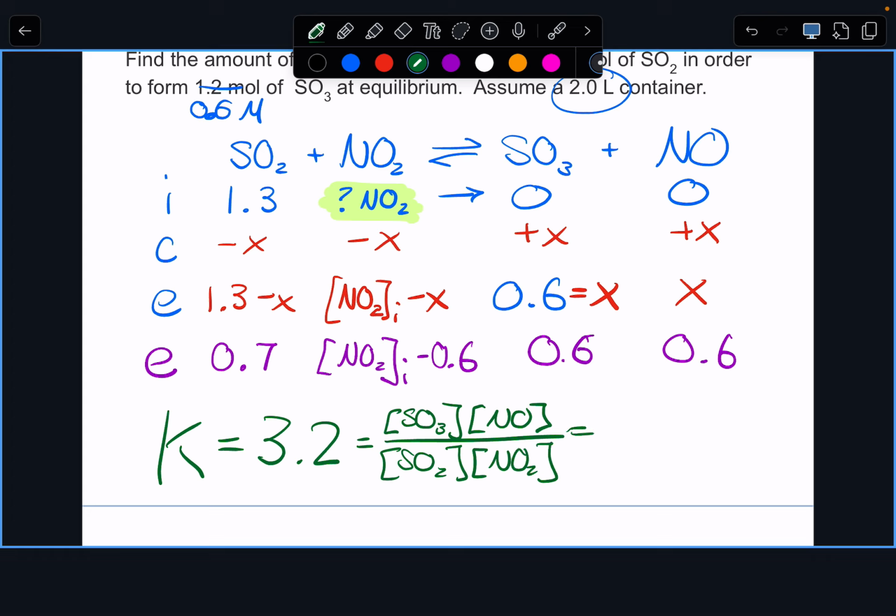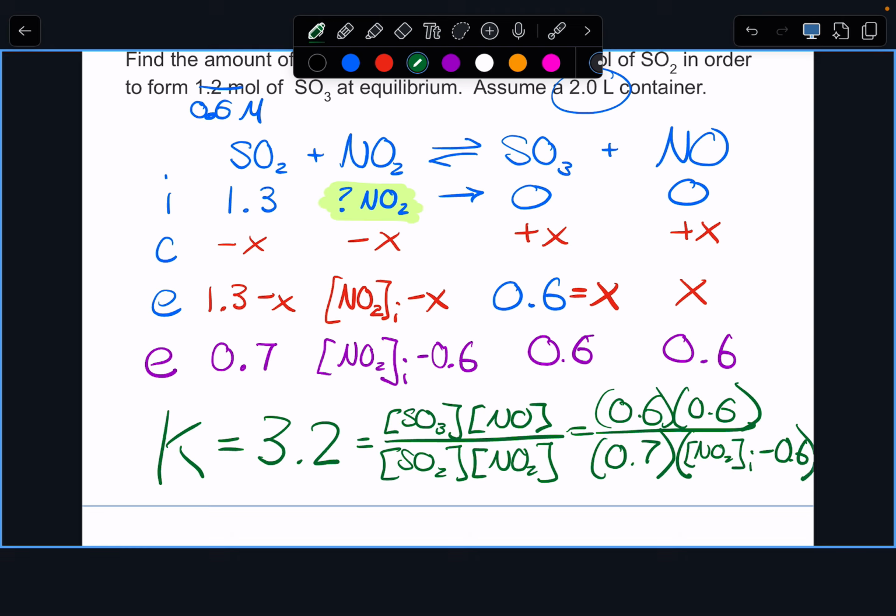Then I'm going to plug in these equilibrium values: 0.6 times 0.6 divided by 0.7 times the thing we're looking for. If you want to put in a letter, put Y, don't put X, it's going to confuse you. The initial amount of NO2 minus 0.6.